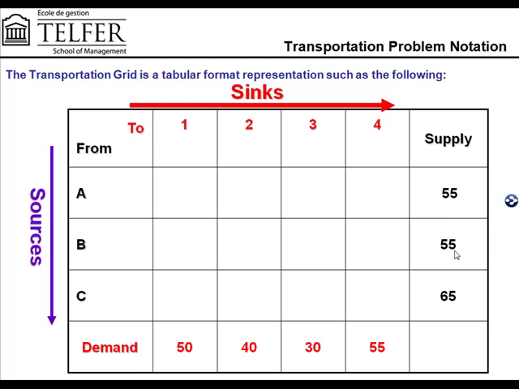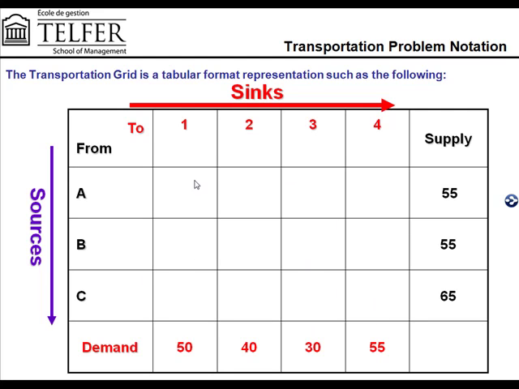Supply point B can supply 55, supply point C can supply 65. At the bottom of every column, you have the demand for that particular demand point. So in this case, demand point 1 has a demand of 50, demand point 2 has a demand of 40, demand point 3 has a demand of 30, and demand point 4 has a demand of 55.